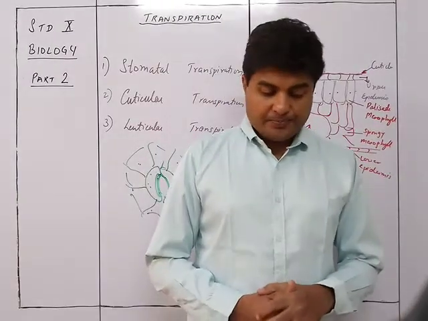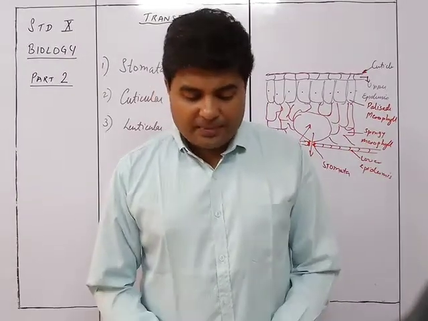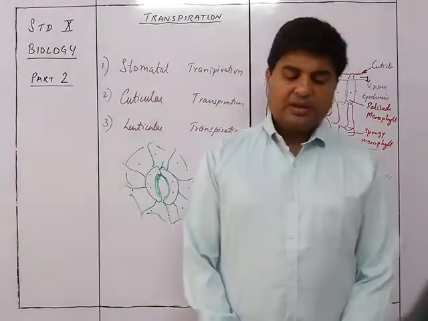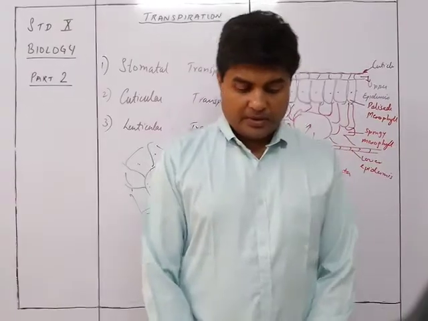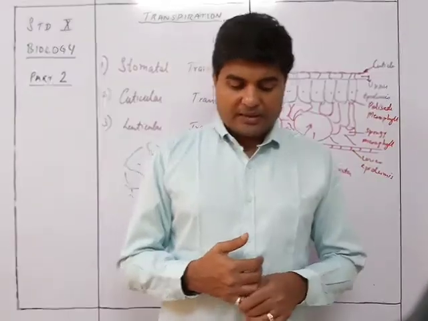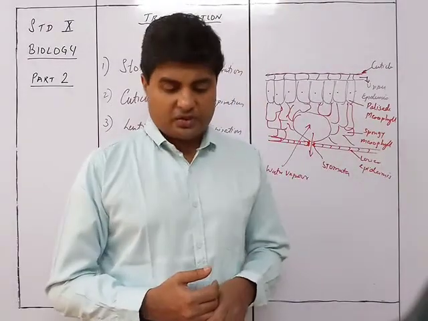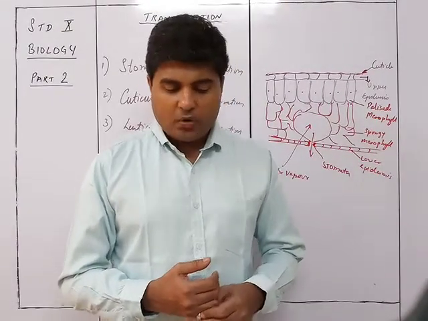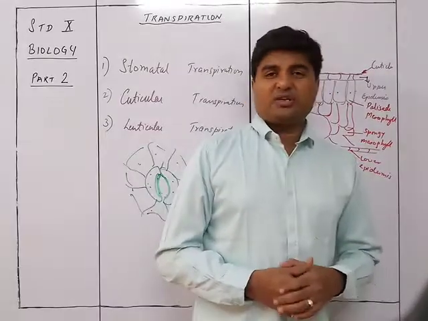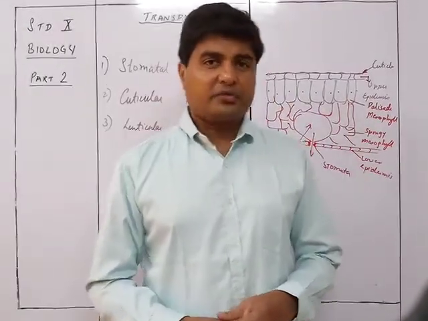Next is temperature. If the outside temperature is higher, there is more evaporation from the leaves, therefore more transpiration. Increase in temperature allows more water to evaporate, and decrease in temperature reduces evaporation. Warm air can hold more water than cold air. So you can see the temperature also plays a very important part in transpiration.